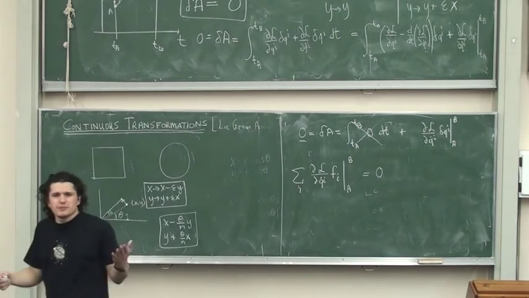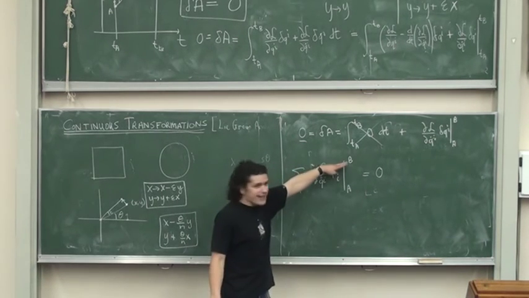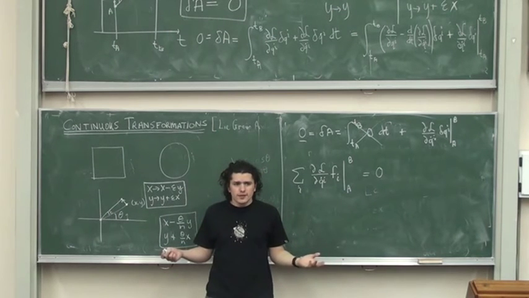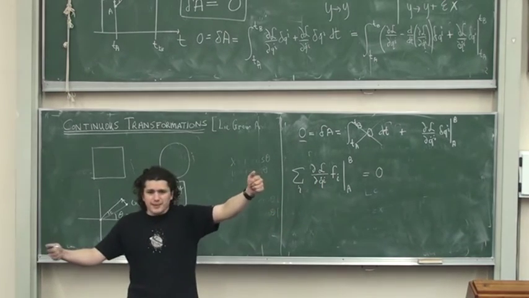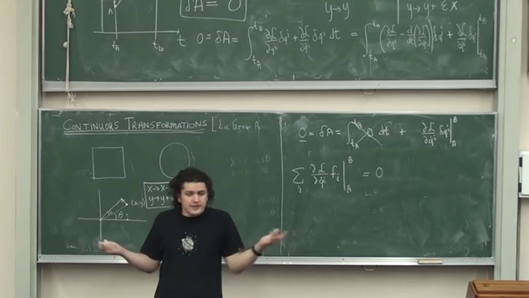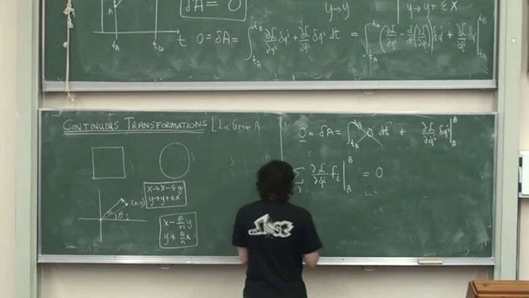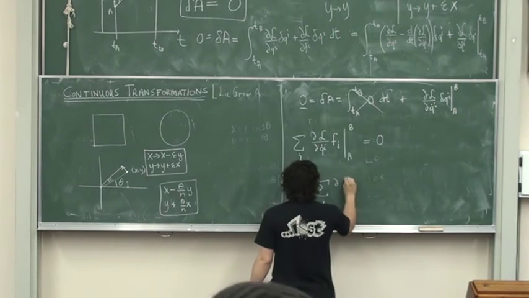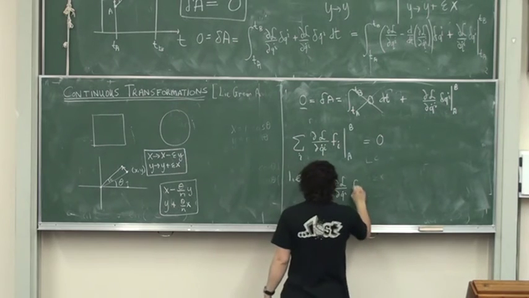Now, when I say evaluated between A and B must be 0, what does it mean? It means when I evaluate it at B and I subtract what it was evaluated at A, I must get 0. But if I can evaluate this at one point in time and subtract it evaluated at any other point in time and get 0, what does it tell you about this point? It's the same everywhere. It's constant. i.e., this is called the Noether charge, the sum over i of ∂L/∂qi dot times Fi.